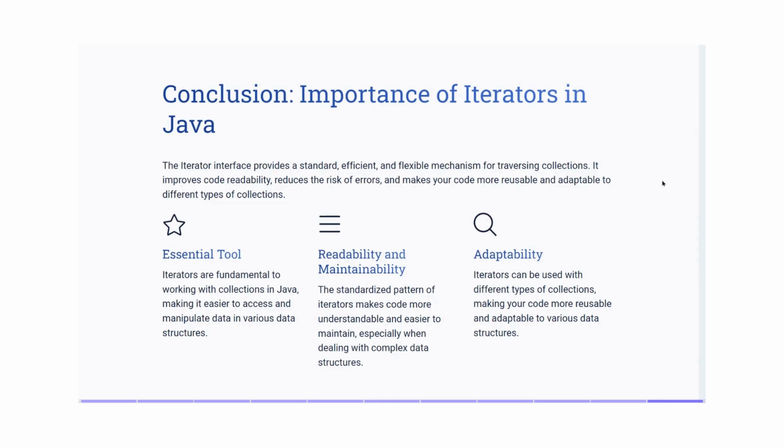Readability and maintainability: the standard pattern of iterators makes code more understandable and easier to maintain. And as I have said, iterators can be used with different types of collections, making your code reusable and adaptable.